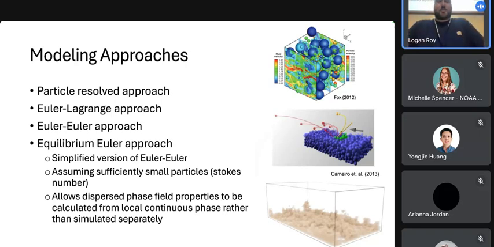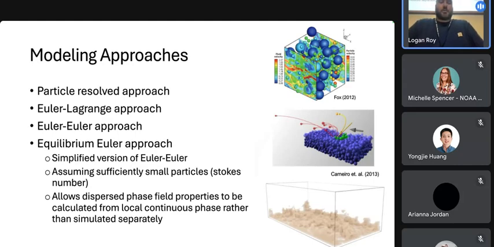That allows you, instead of explicitly solving for the dispersed phase fluid, to calculate the dispersed phase from the continuous phase. So instead of calculating two different fluids as you go along, you handle one fluid and then at each time step calculate the other fluid. It saves you some time depending on how complicated those relationships are.